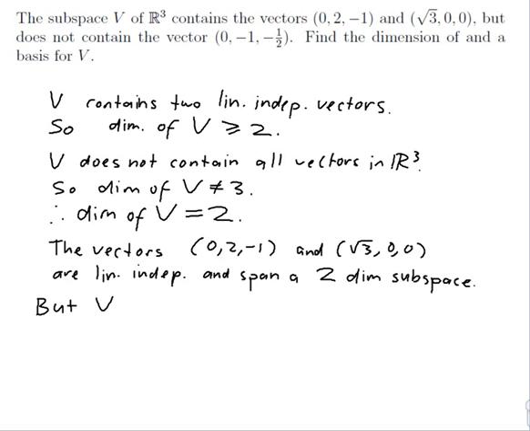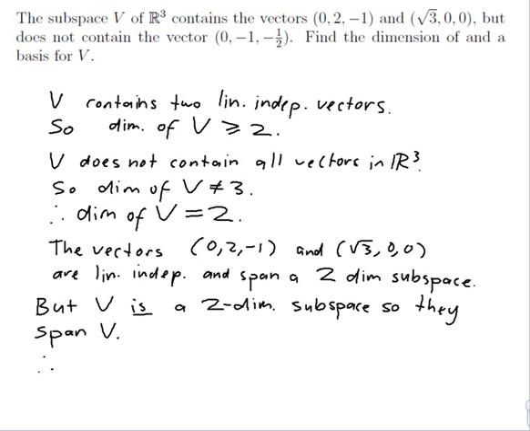But V is a two-dimensional subspace. So they span V. So therefore, since they're linearly independent and they span V, they're a basis for V.